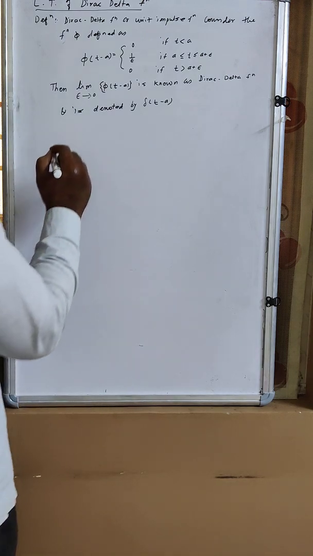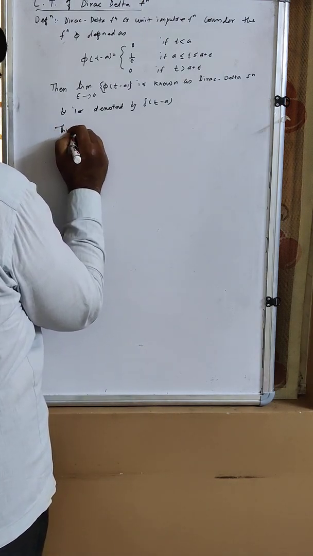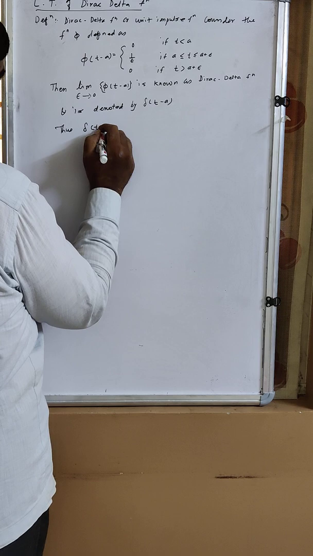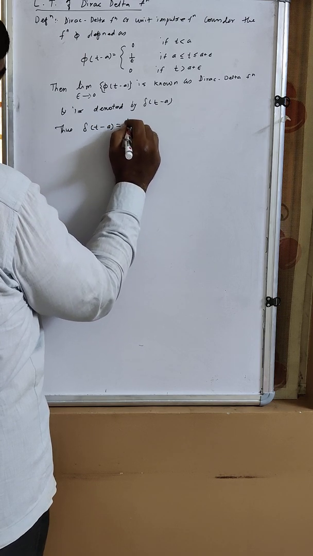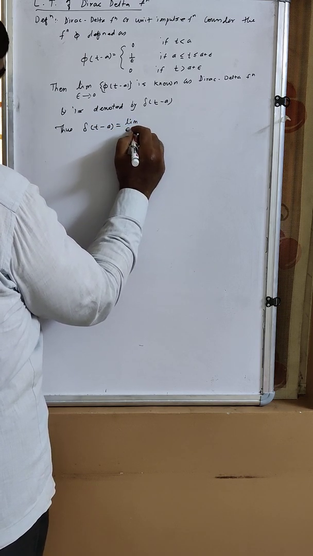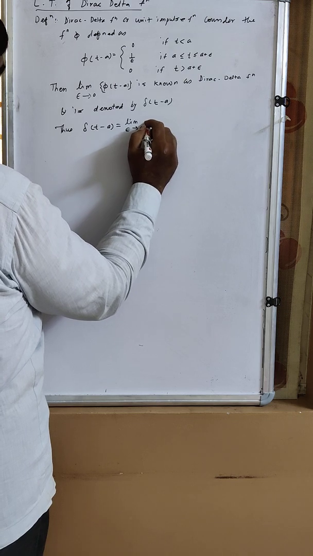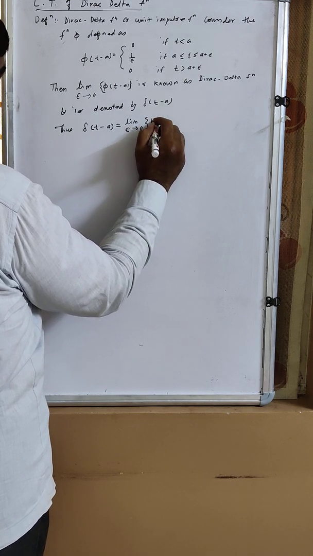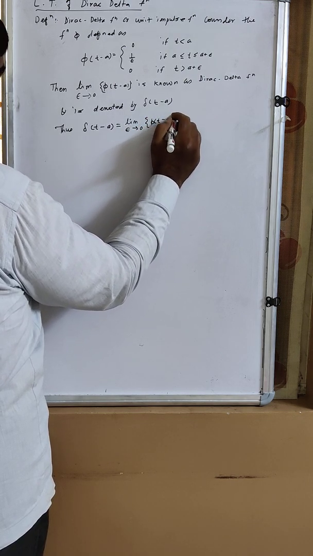Thus, delta t minus a is equal to the limit as epsilon tends to 0 of phi of t minus a.